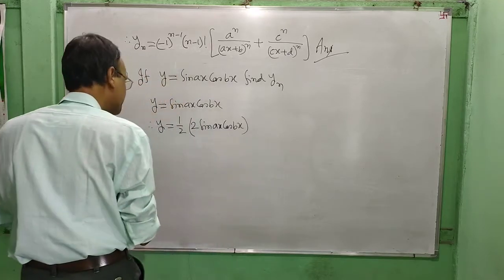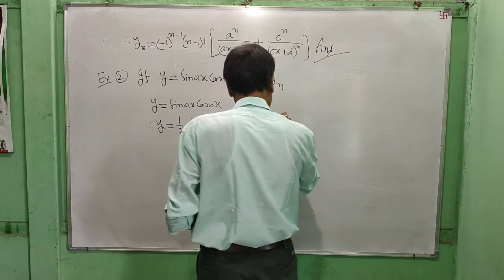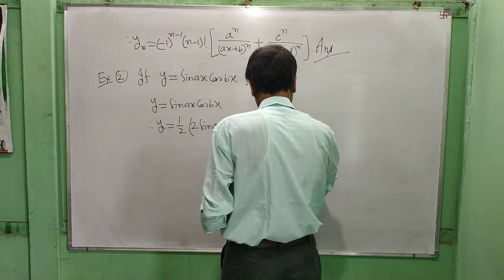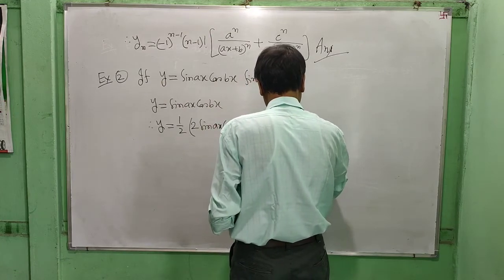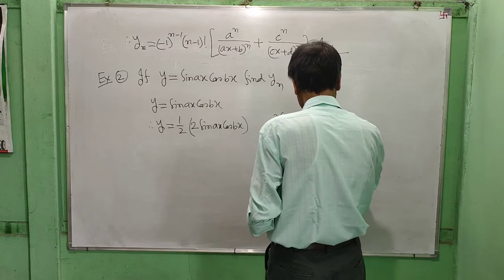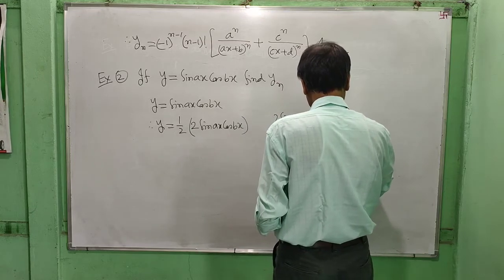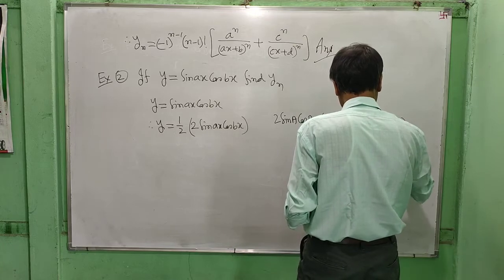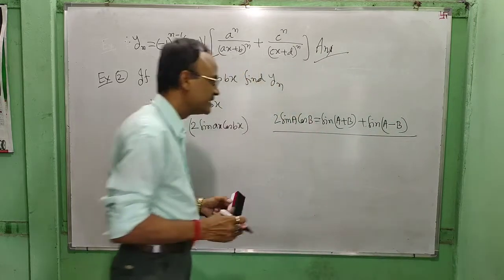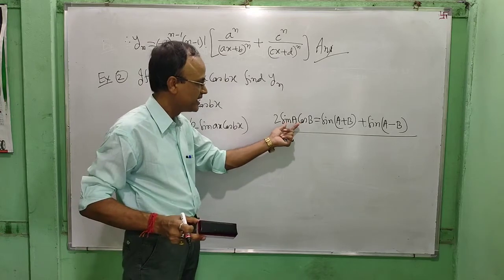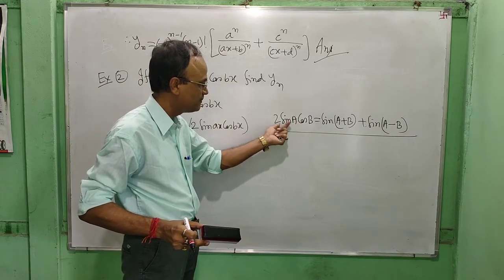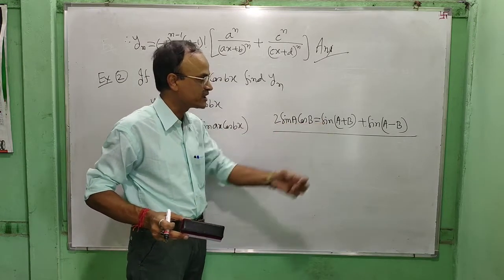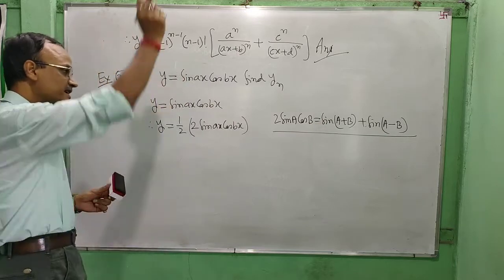Now, 2 times sin a cos b is equal to sin(a plus b) plus sin(a minus b). In class 11, you learned this trigonometrical formula.